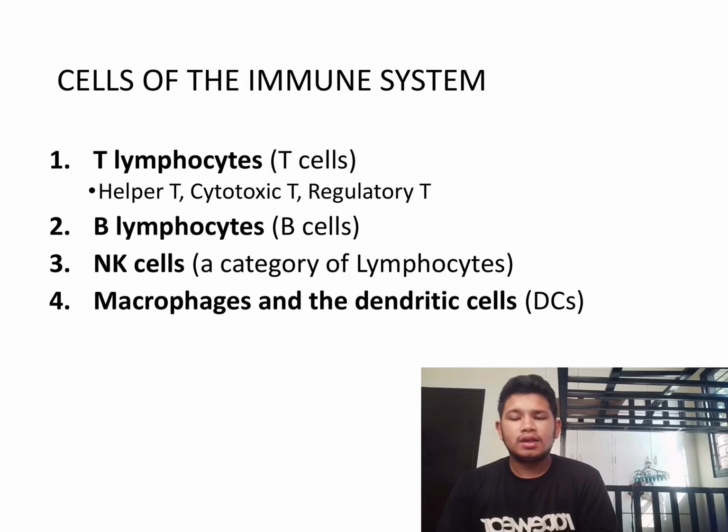NK cells kill target cells by inserting a molecule called perforin, creating an opening through which cytotoxic granules called granzymes enter the infected cell. Macrophages, phagocytes that live in the blood and migrate to infected tissue.